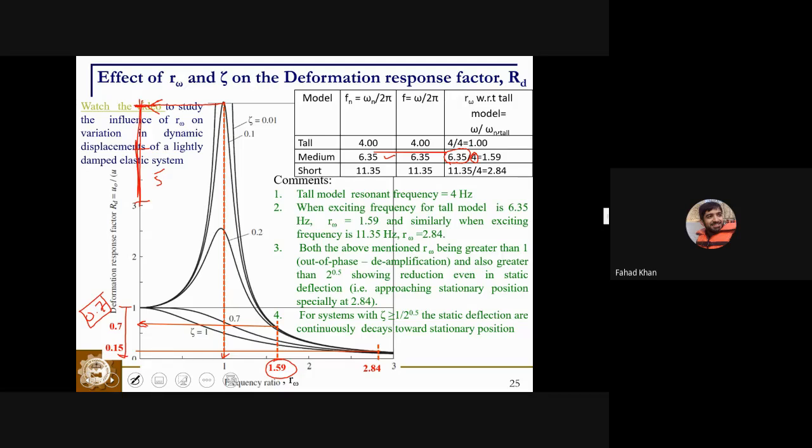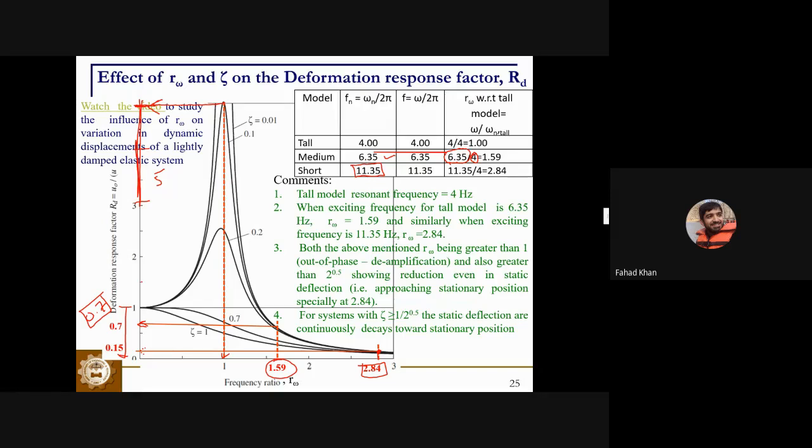For the short structure, the natural frequency is 11.35 hertz. When this structure is vibrating, the tall structure will have an R omega value of about 2.84, and so it will have vibrations of about 15% of the static displacements.